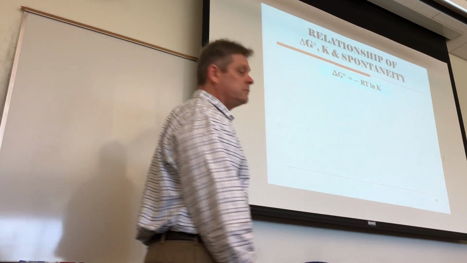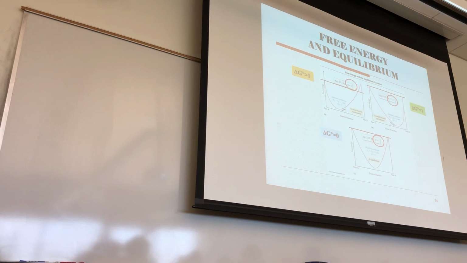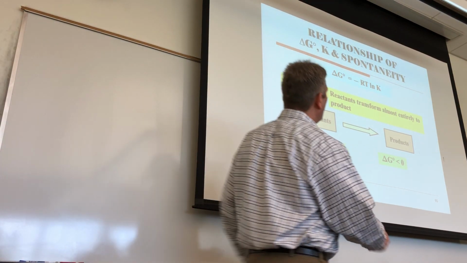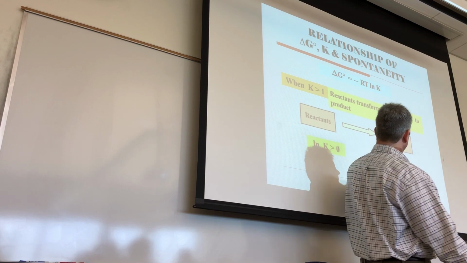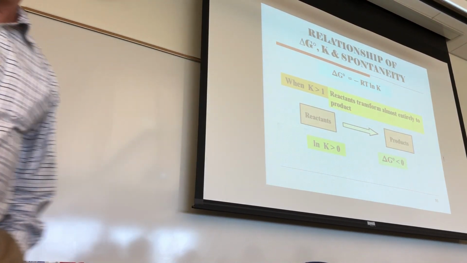That slide you had up before said delta G standard is less than 1, but this one says less than 0. Yeah, this is the same, less than 0, which is just saying that this is negative overall.